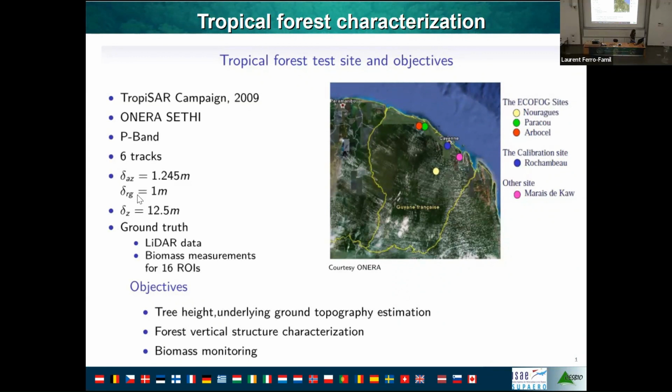This data set was unique because we had a resolution of 1 meter in range at P-band. P-band means the center frequency is around 300 megahertz. And if you want to have a 1 meter resolution, you need to have a bandwidth of 150 megahertz.